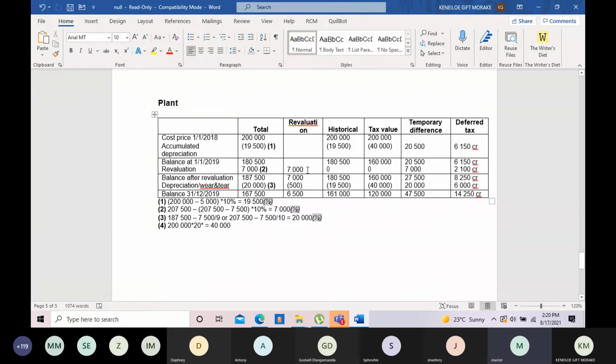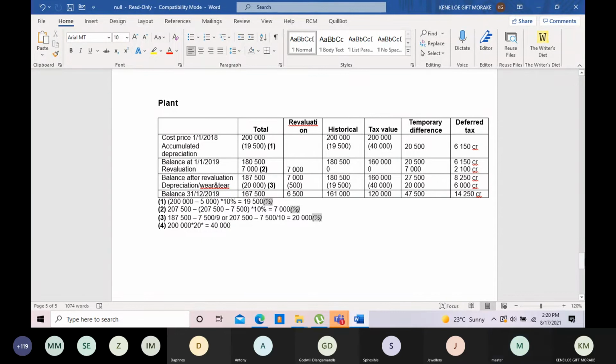You move the 7,000 forward as your balance, so it also serves as your balance after revaluation. That's why you see 7,000 here and 7,000 here. And then you calculate the depreciation on that one.